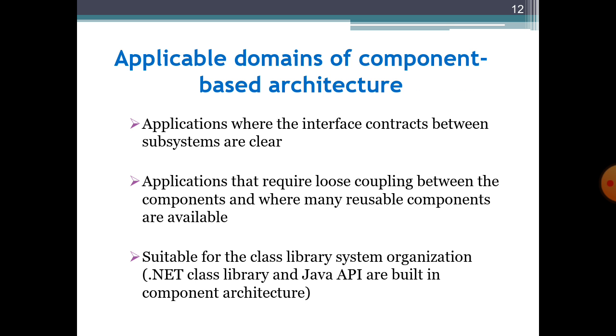As I discussed earlier, reusability is the main concern of component based development. This reusability also supports reliability. And we can utilize this architecture where we require loose coupling between the components, and also require reusability of components.